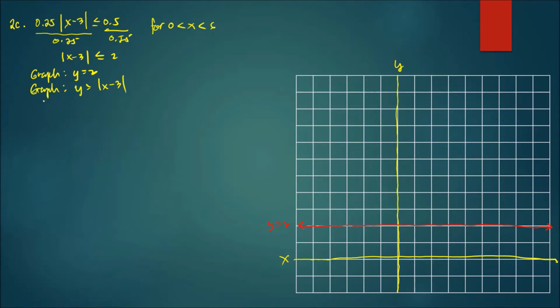To do this, we need the table of values, right? So again, let's plug in 0 for x to get the y-intercept. So that would be y is going to be 3. Now, if y is 0, then the value of x would be 3.